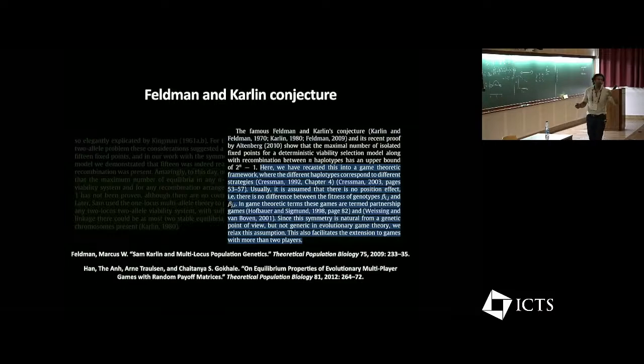The cool thing is if you use these methods from yesterday and do the conversion in a different manuscript, then we actually showed that you can write down a proof for that conjecture from a game theory point of view. Clearly we overlooked that in 2010, Altenberg had already published a proof using population genetics, and some reviewers of this paper suggested that we read that paper. So that was a good idea.